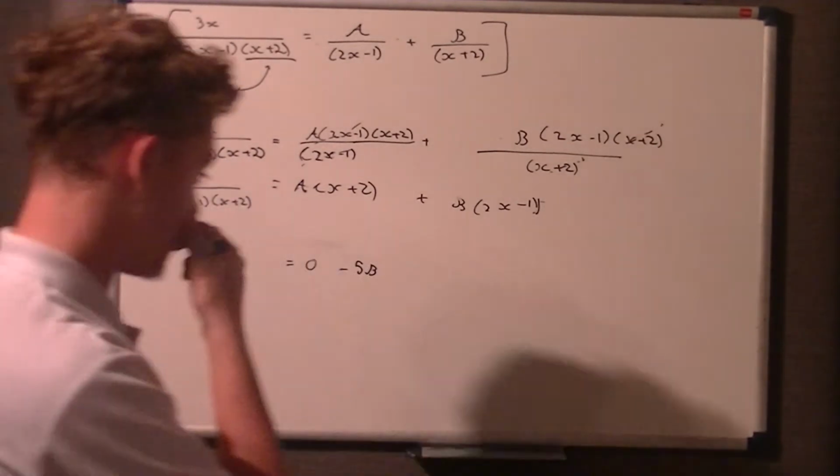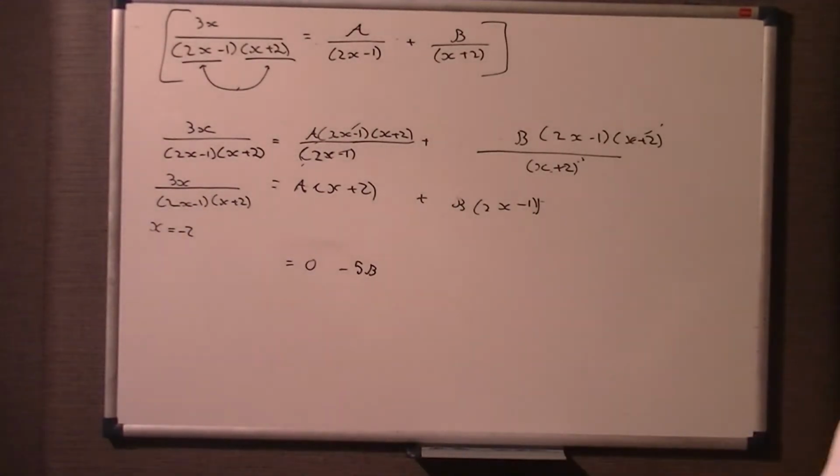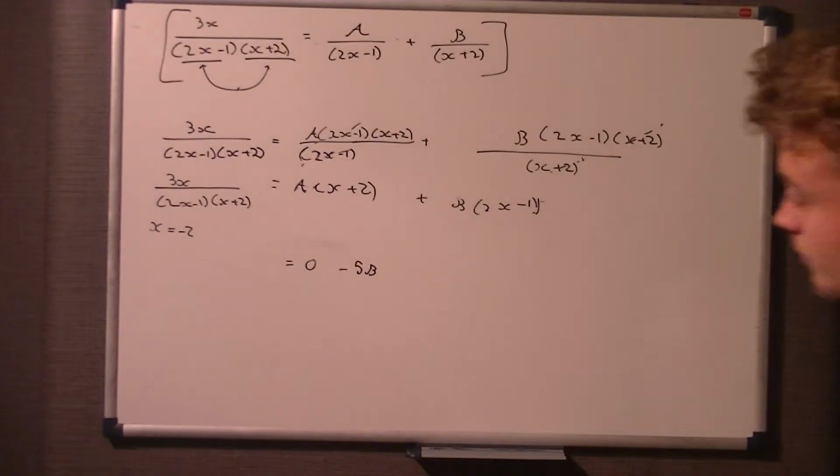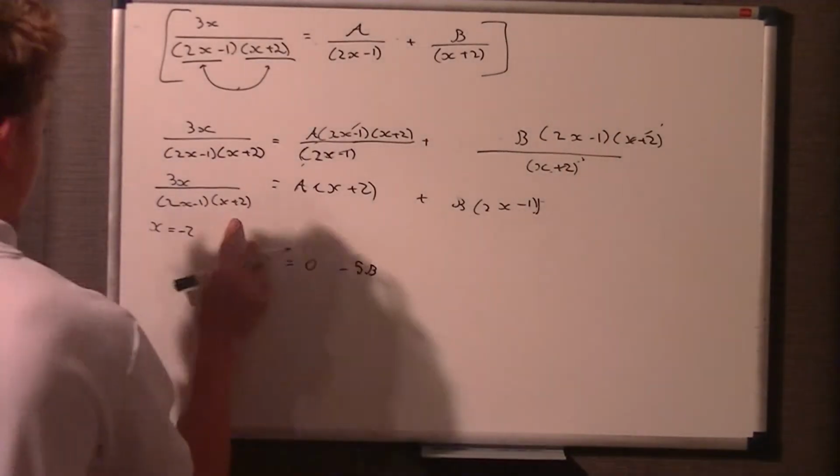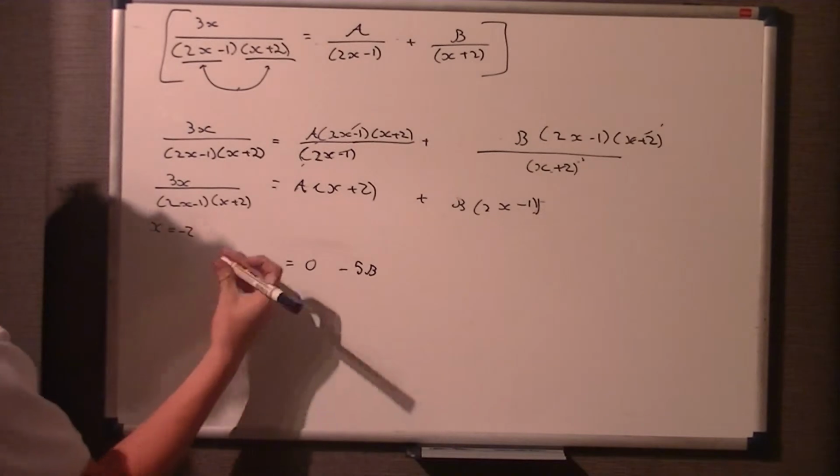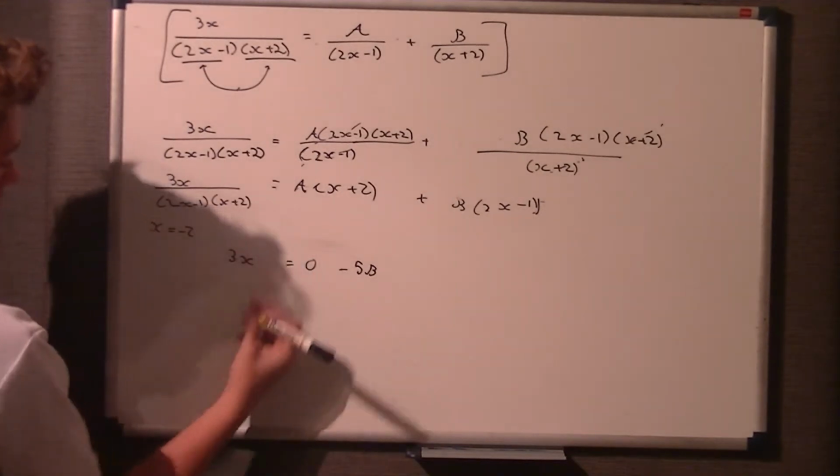And then what we do is we put the other side in as well. So let me double check. Because obviously we've got rid of the denominator on this side, so that just becomes 3x.